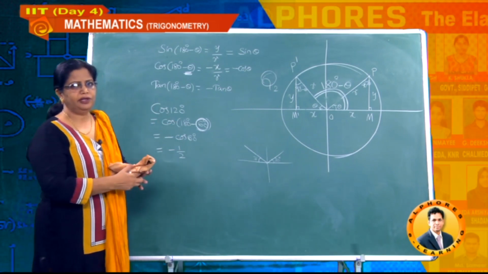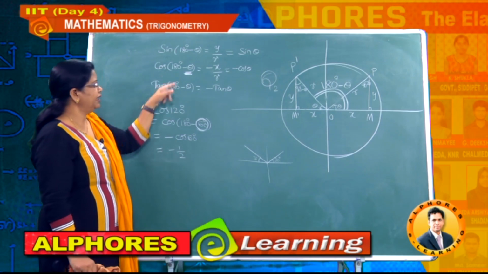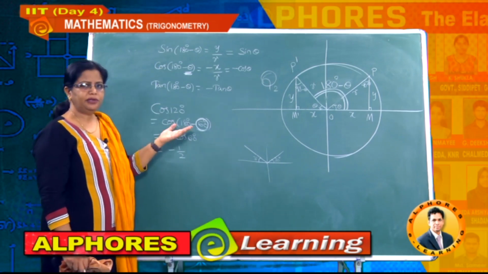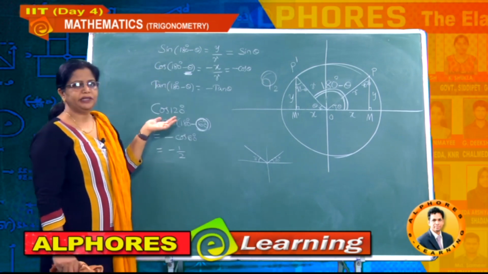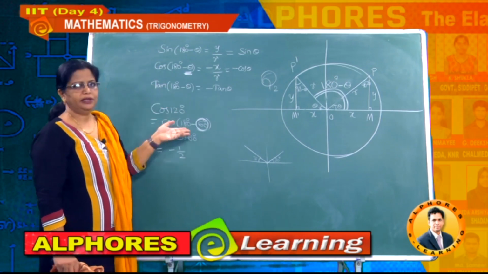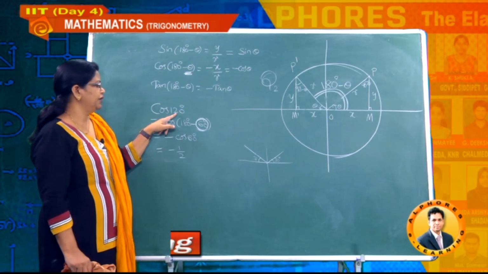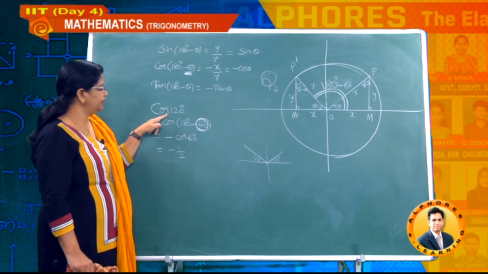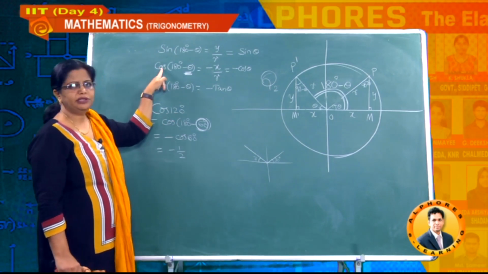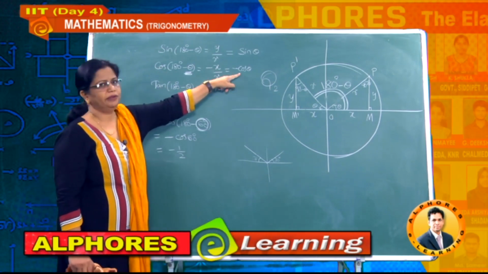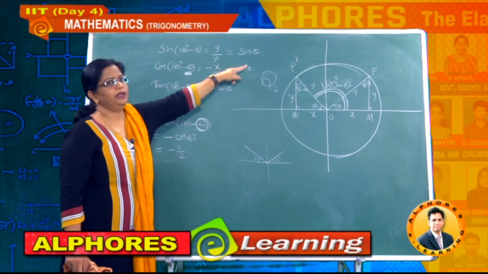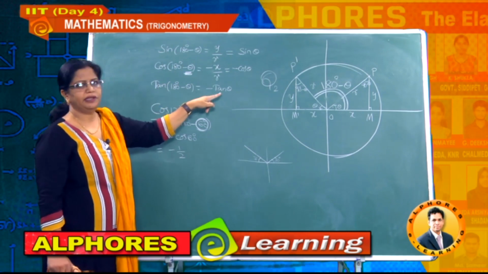Then you might get one doubt. What is the doubt? Why this formula again? Just now you have proved about 90 plus theta. Then why are you taking this again? The advantage of this formula is that you do not need to change the function. Observe, cos remains cos only, sin remains sin only, tan remains tan only.